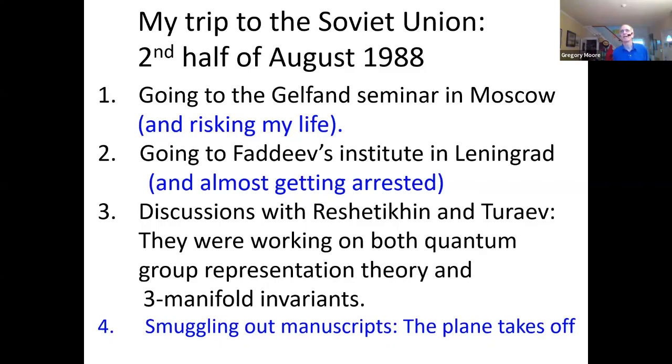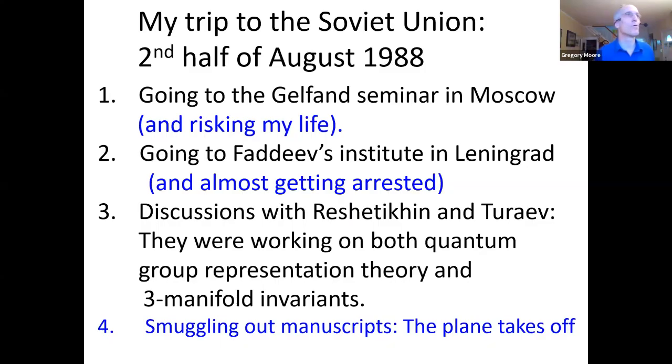And I went and explained at the Gelfand seminar, which was quite a large audience, actually, the work I had done with Seiberg on rational conformal field theory and announced Witten's interpretation of the Jones polynomial. And Alexei Morozov also took me to Leningrad, where I went to Faddeev's Institute and again almost got arrested because I tried to enter alone without proper papers.